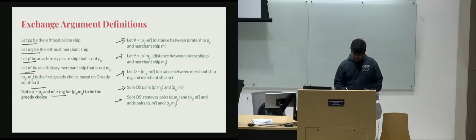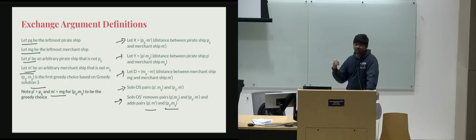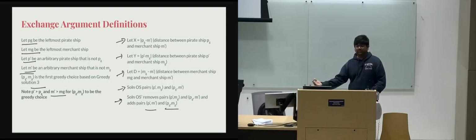And let OS prime be the one that is choosing the greedy solution for us, so it has to pair PG with MG and P prime with M prime. We need to show that this is the optimal solution, that it is better than what OS is doing, or exactly equal to OS. That is what we have to prove.